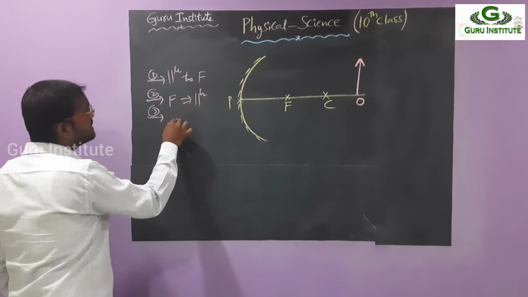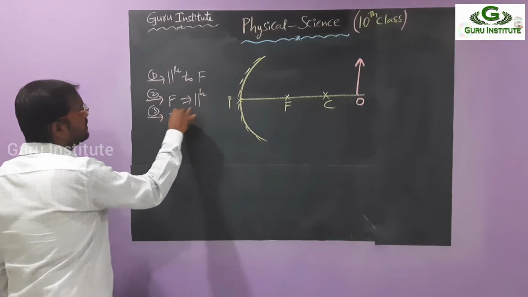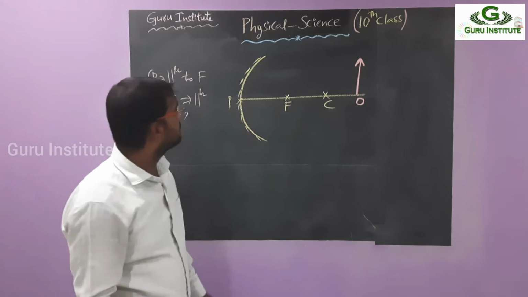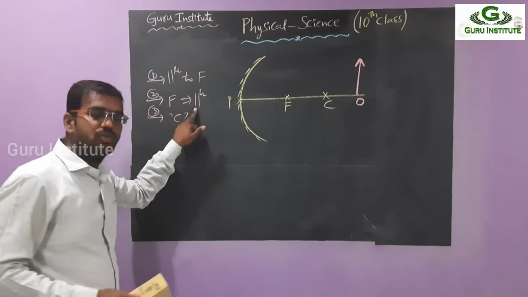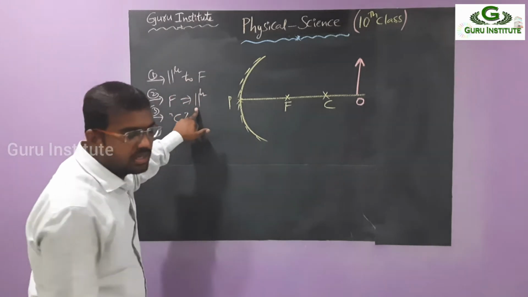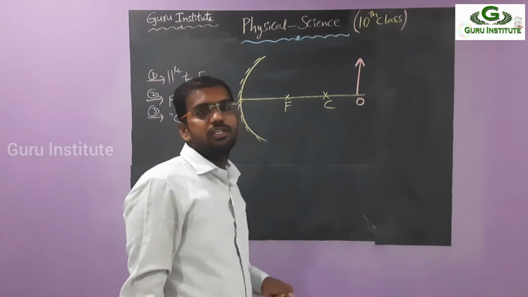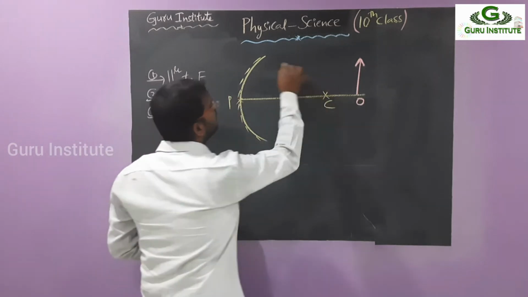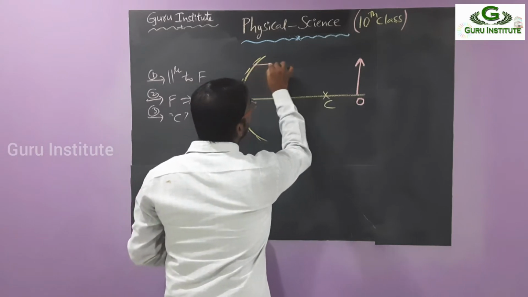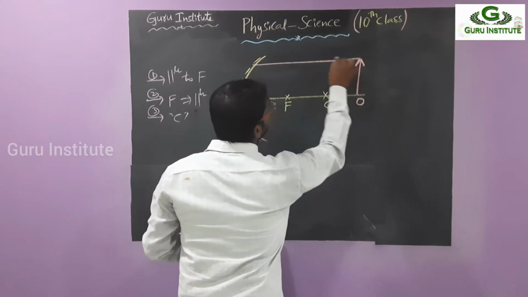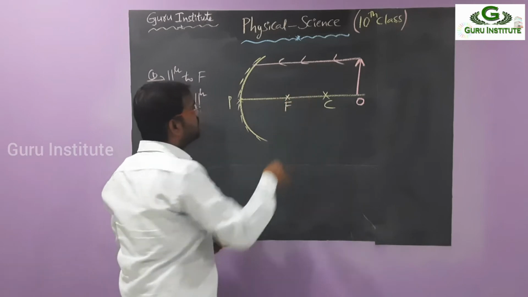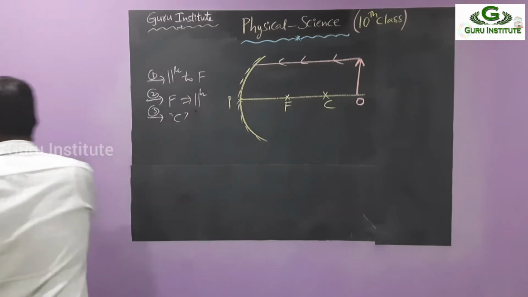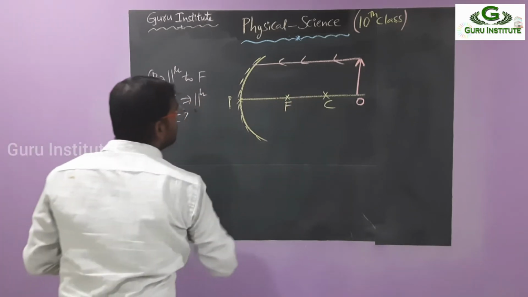And the ray passing through the center of curvature has no deviation. We mainly see these two for observing the images. Wherever the reflected rays meet at a point, the image will be formed. So the first one, parallel to the principal axis, passes through the focus.